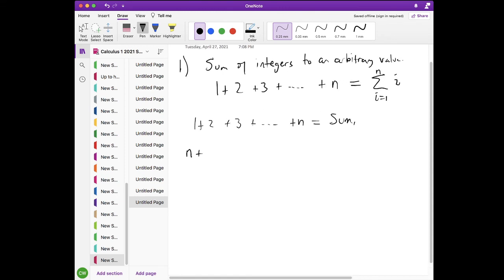Yeah, n minus 1. Then what's my third term? N minus 2, yeah. And let's keep going. What's my second to last term? I work my way backwards. What would my second to last term be?